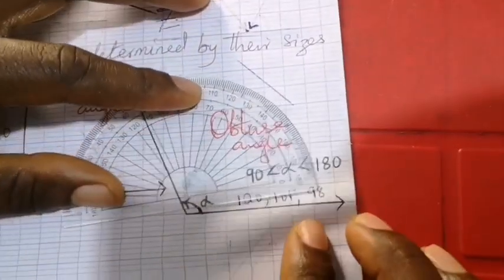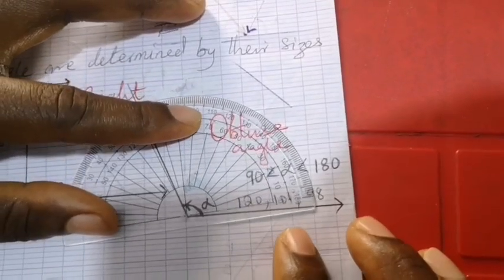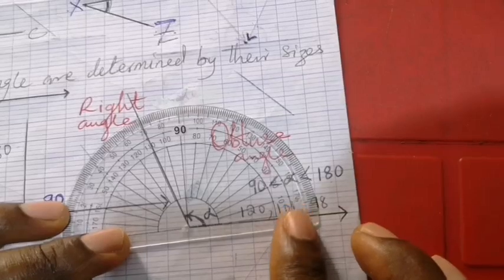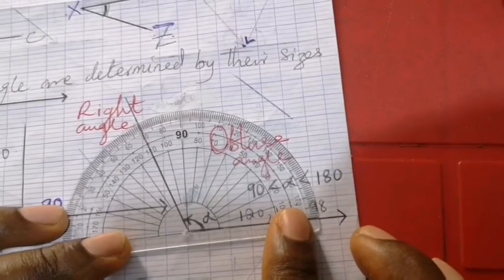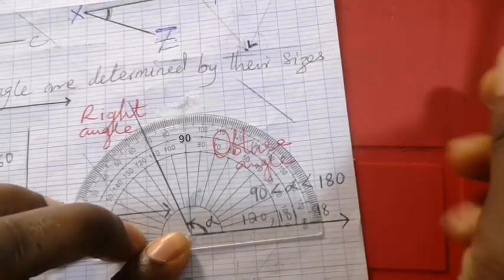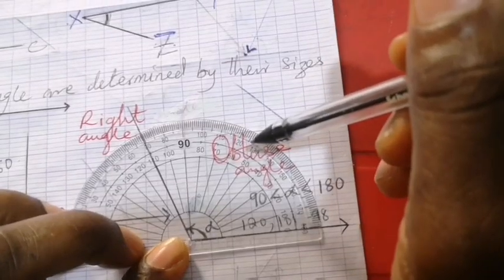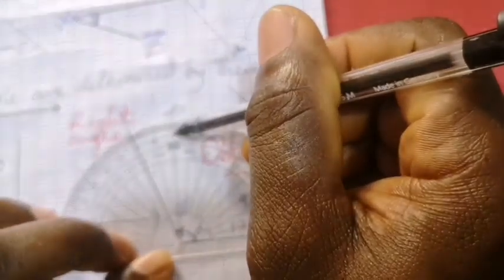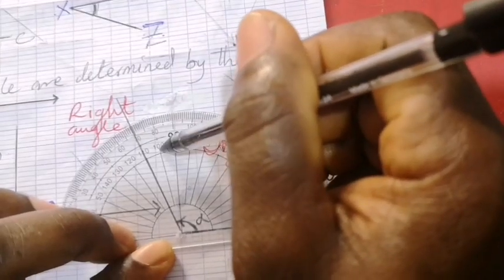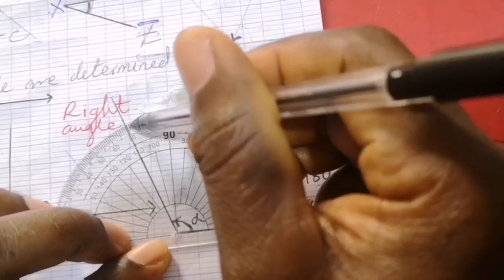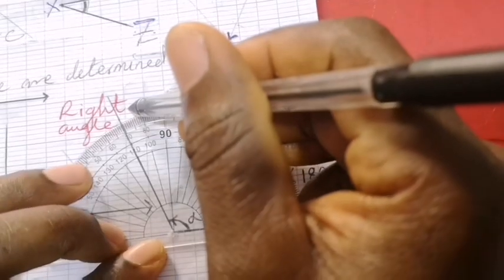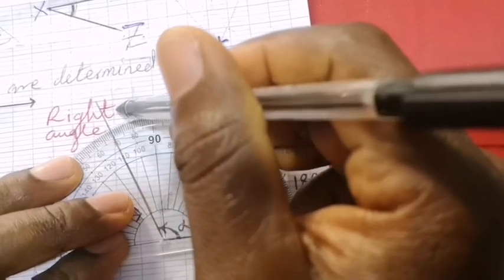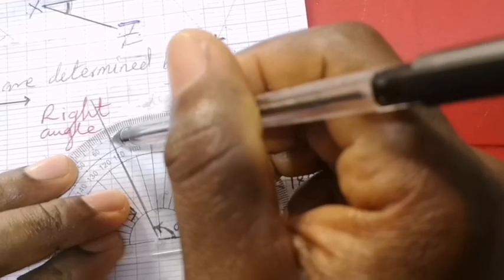Okay, so let's measure it. From here now let's count. This is 90, this is 100, this is 110.